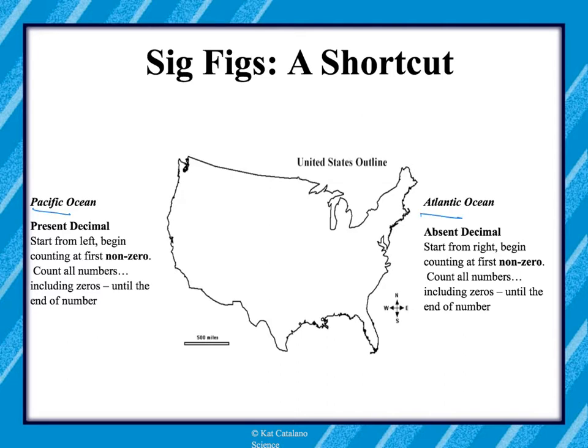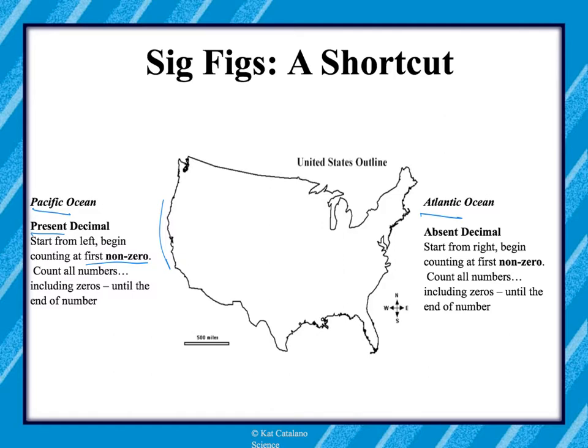So if you didn't know already, we are over here on the west coast, have the Pacific Ocean to our left, whereas the Atlantic Ocean is on the east coast, or on the right side of the continent. So we're going to use that to help us remember what to do when we have a decimal that is present or absent. So if we have a decimal that is present, you're going to start from the left and begin counting at the first non-zero.